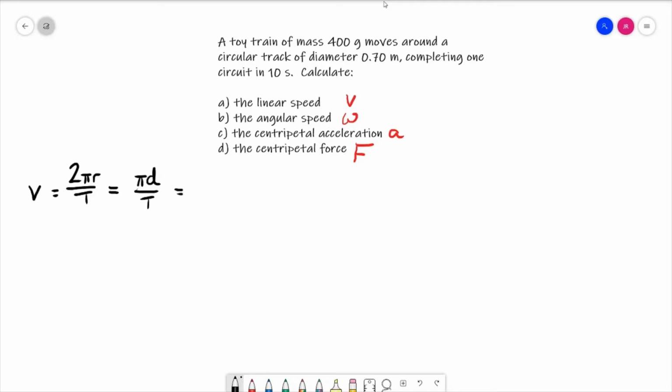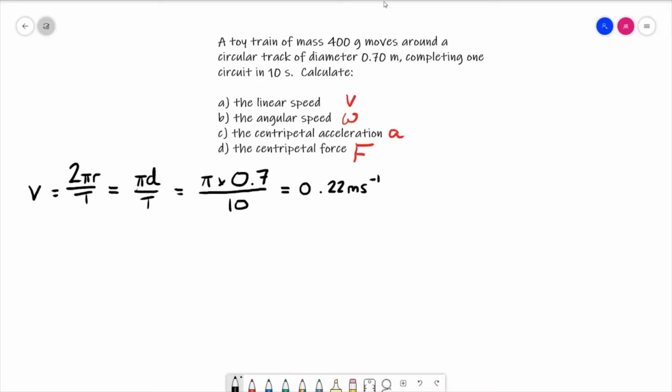Plugging everything in, we have pi multiplied by 0.7, there's your diameter, divided by 10, that's your time period. Once you plug all that through the calculator, hopefully you should get 0.22 meters per second. I've just rounded that to two significant figures.